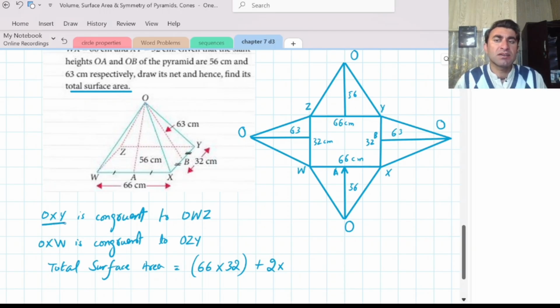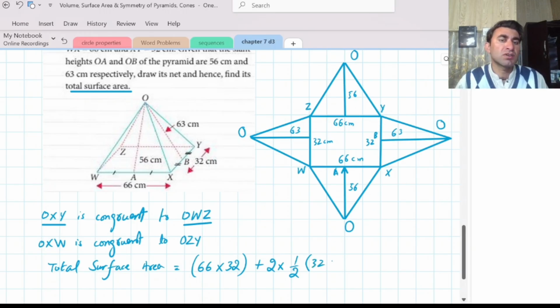As we know, the triangles OXY and OWZ are congruent. They have the same area. So that is why I have written 2 times. As it is a triangle, the area of a triangle is 1 by 2 base into height. And what is the base of this triangle OXY? It is 32 and height is 63.